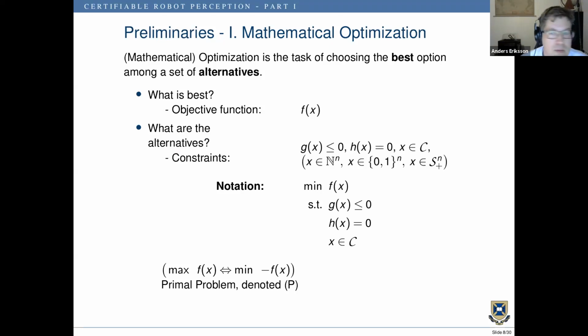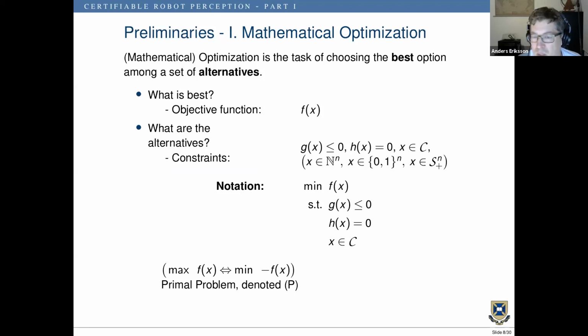So the first one, mathematical optimization or optimization. What do we mean when we say that? Well, one way of defining it is to say that it's a task of choosing the best option among a set of alternatives. So what do we mean by best? Well, that's typically measured by some form of objective function.